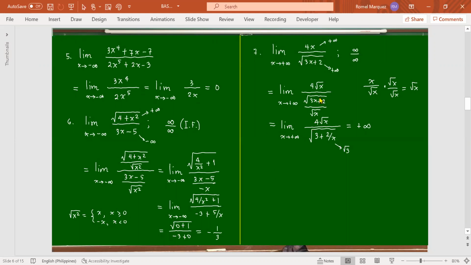I can make it 4x over the square root of 3x, and then you can combine. You will get the same positive infinity. Okay, so that's it. Then we now move to transcendental functions, so we are done with limits.